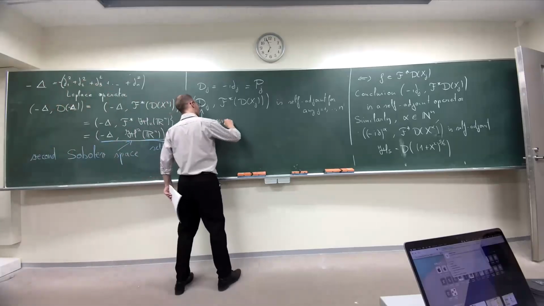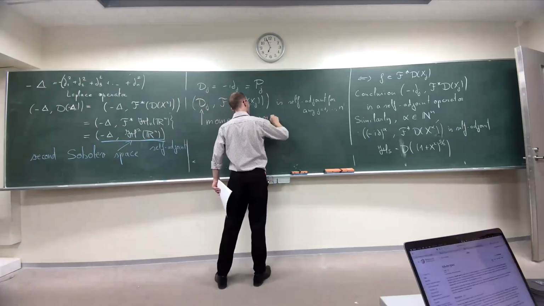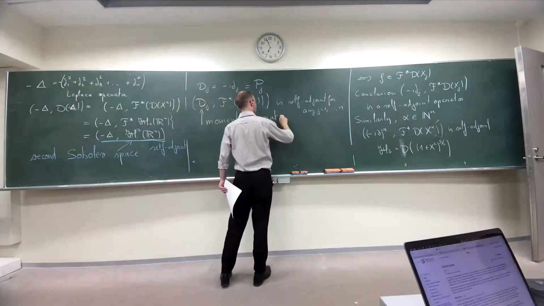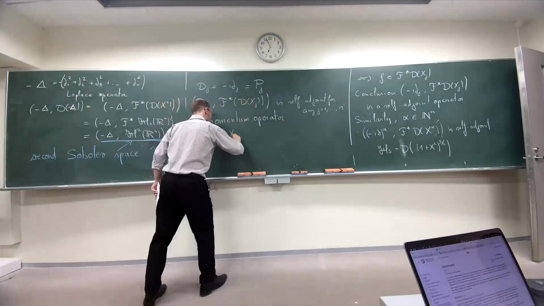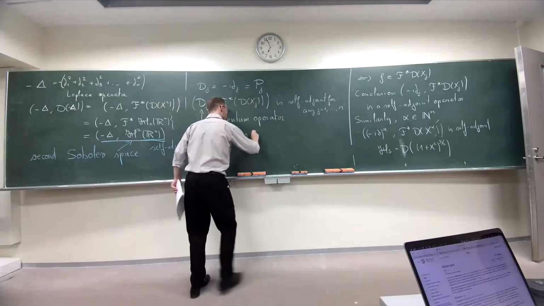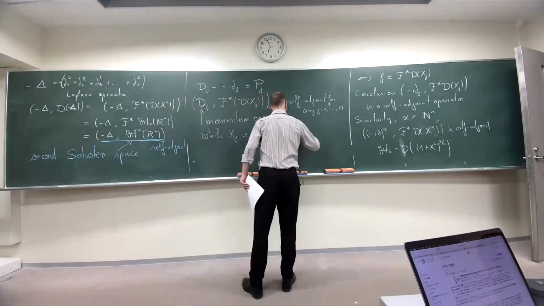While x_j is called the position operator.